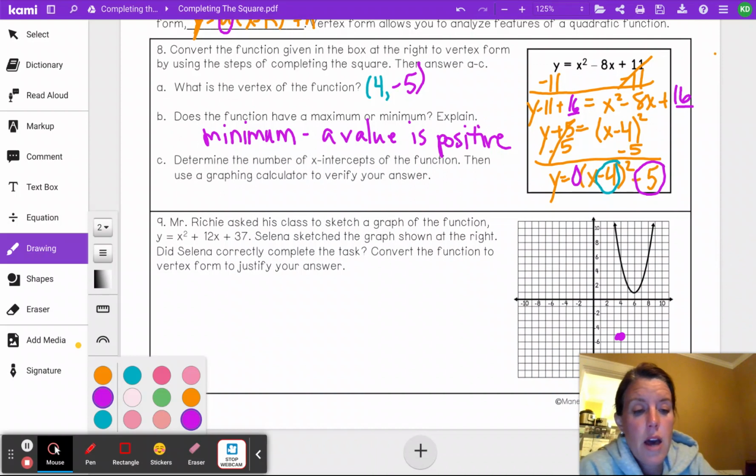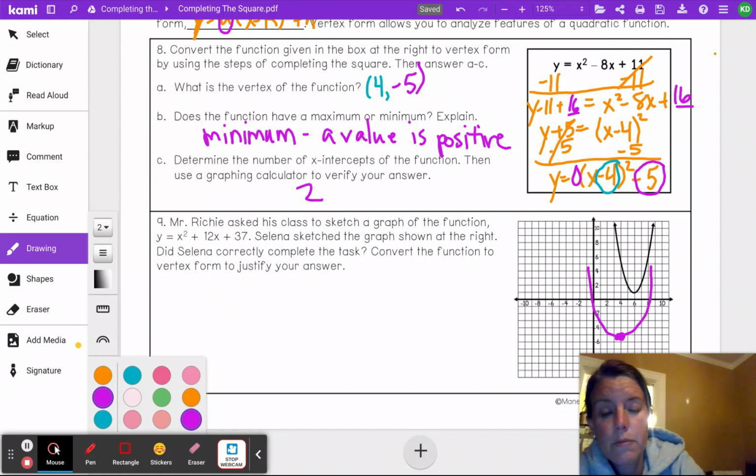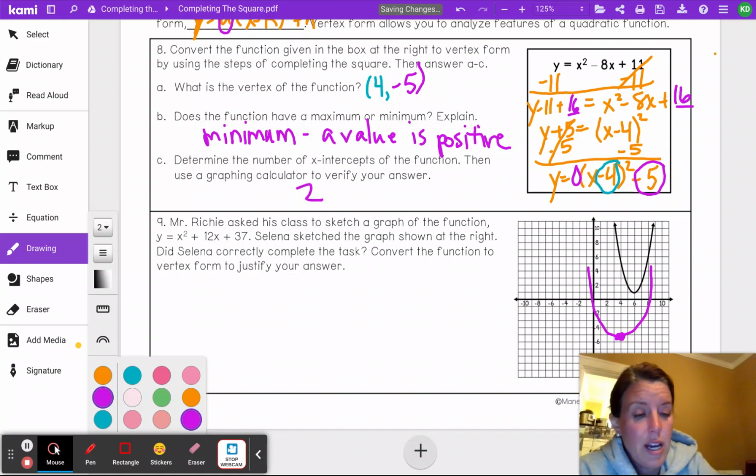I've already determined that that is a minimum, so that is the lowest point on the graph. That means it opens up like this. How many times does that cross the x-axis? Twice.